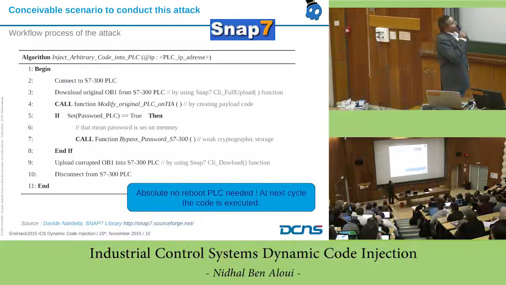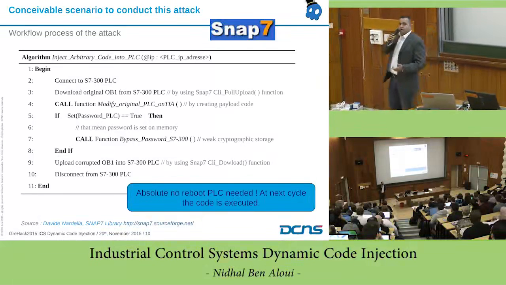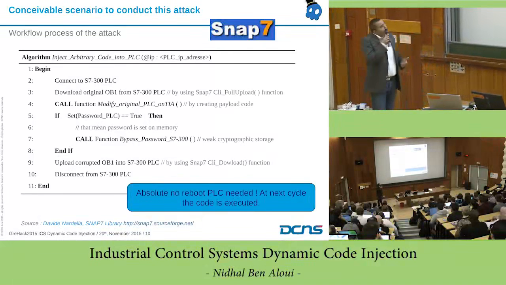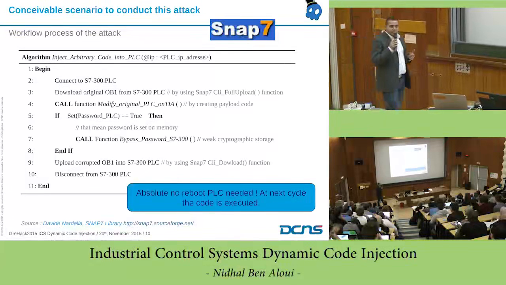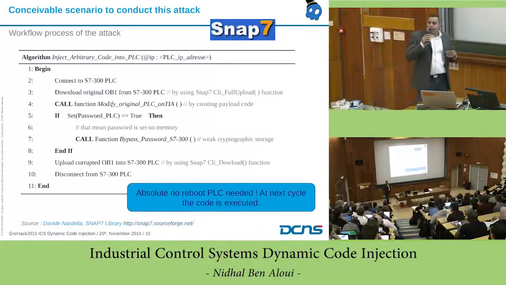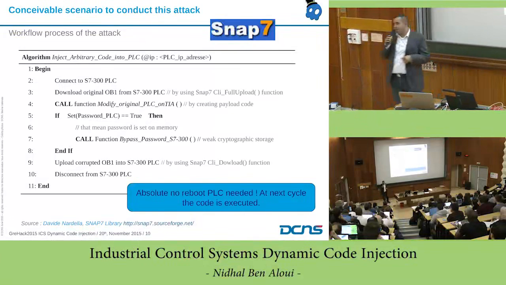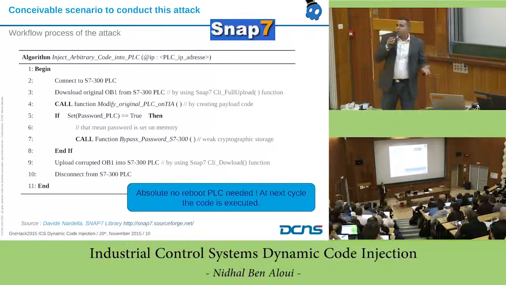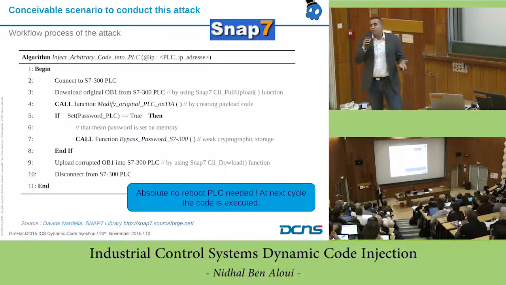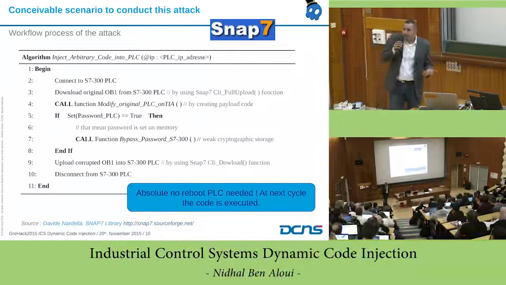Then, when we want to upload the new corrupted OB1, we first have a condition. If the CPU memory is protected by a password, we should first bypass the password, because when we upload OB1 code to the PLC, first of all the CPU checks the time and date of the packet.